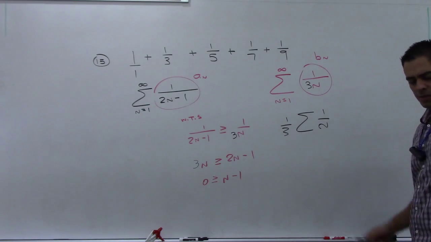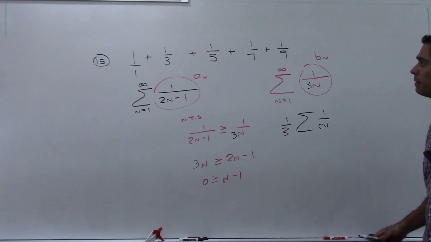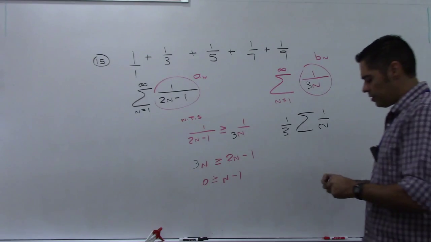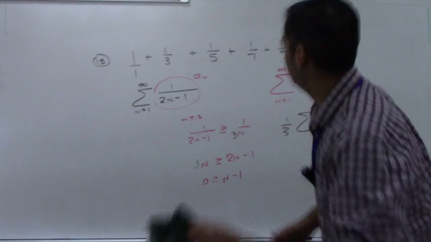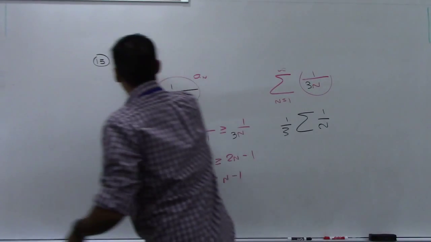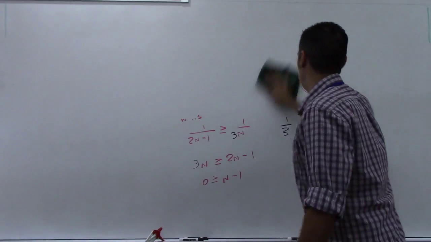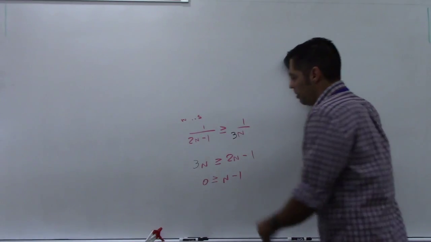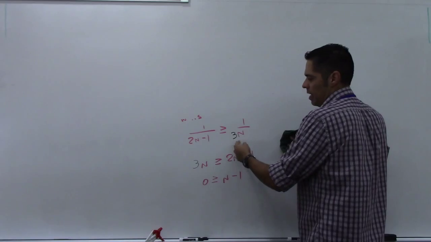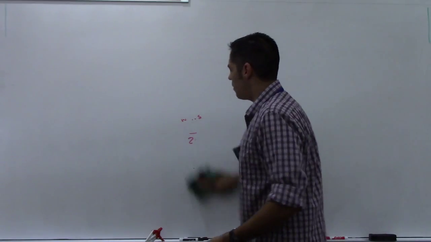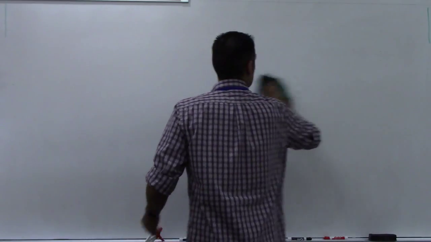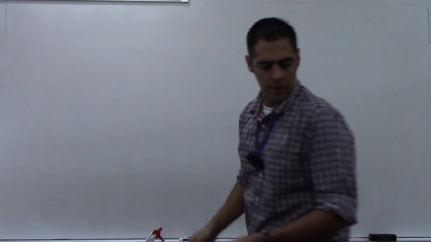We tweak it, and you'll get the same conclusion, that this diverges. I also could have used like 5n here, or 10n, it wouldn't matter. As long as I make that left side bigger than the right side, I would have been in business.